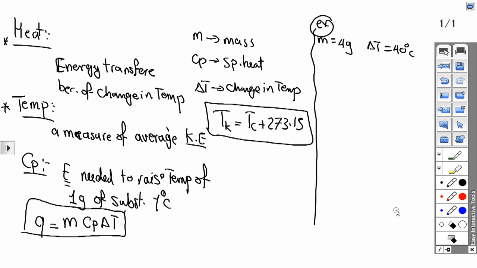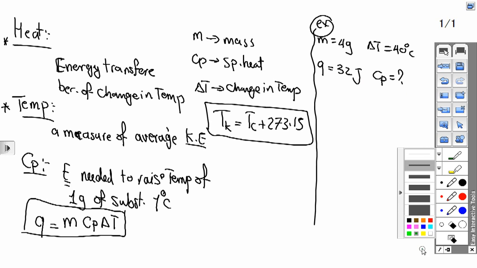If T initial is 314 and T final is 350, for example, the difference between them is delta T. Here the delta T is 40, mass 4 grams. The amount of heat needed to raise the 4 grams 40 degrees Celsius equals 32 joule. Calculate Cp.